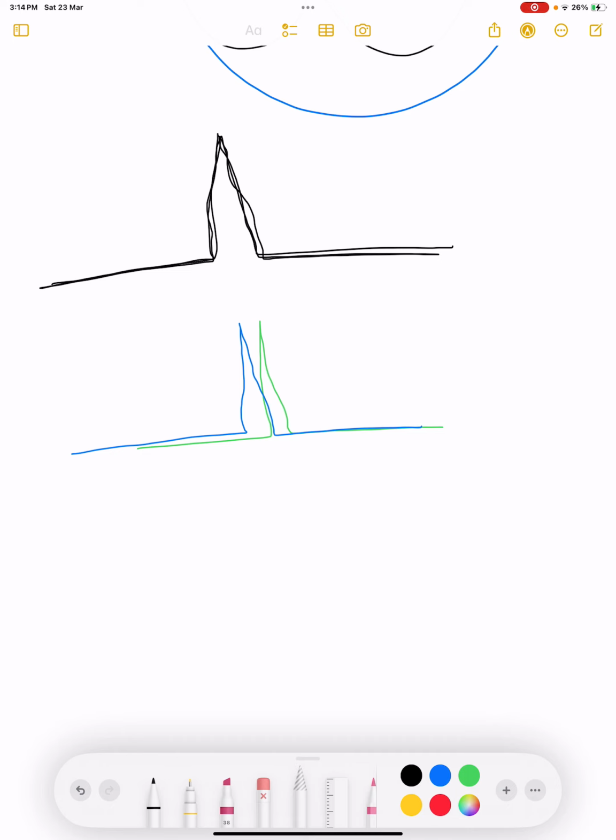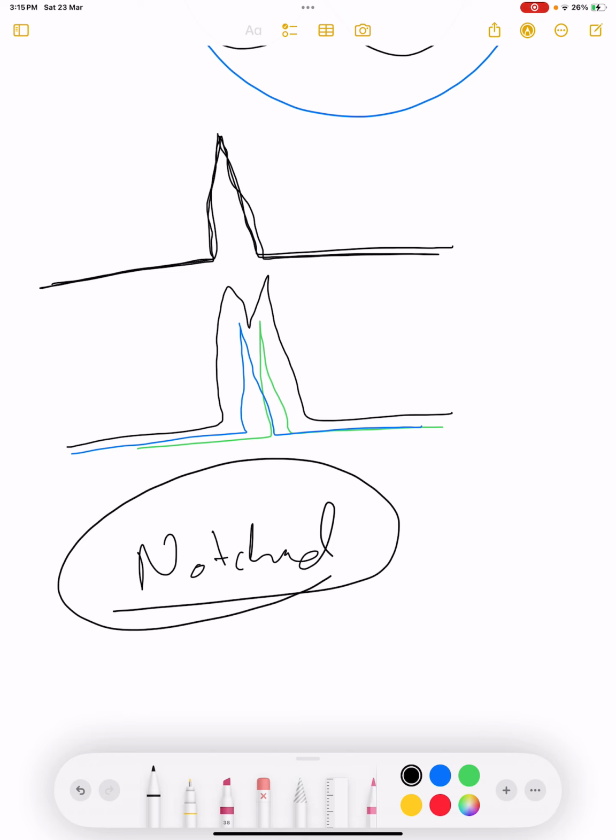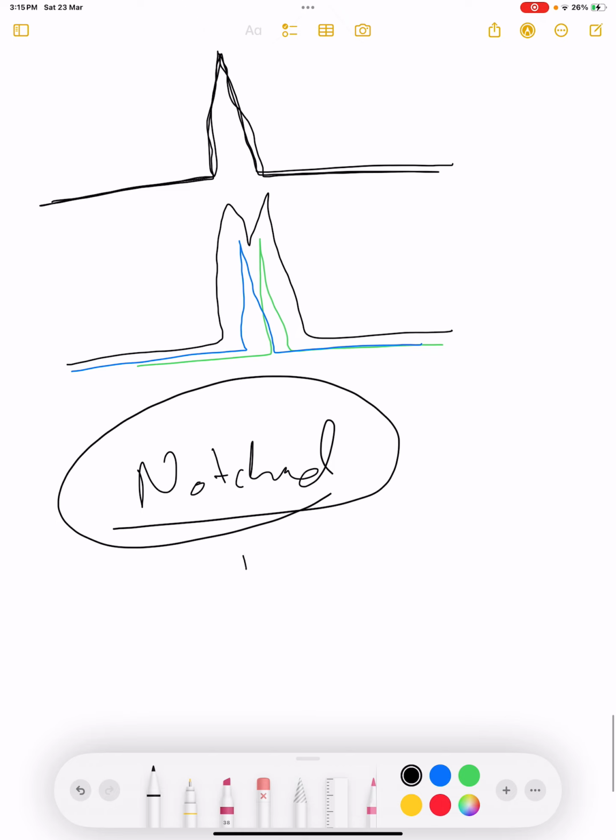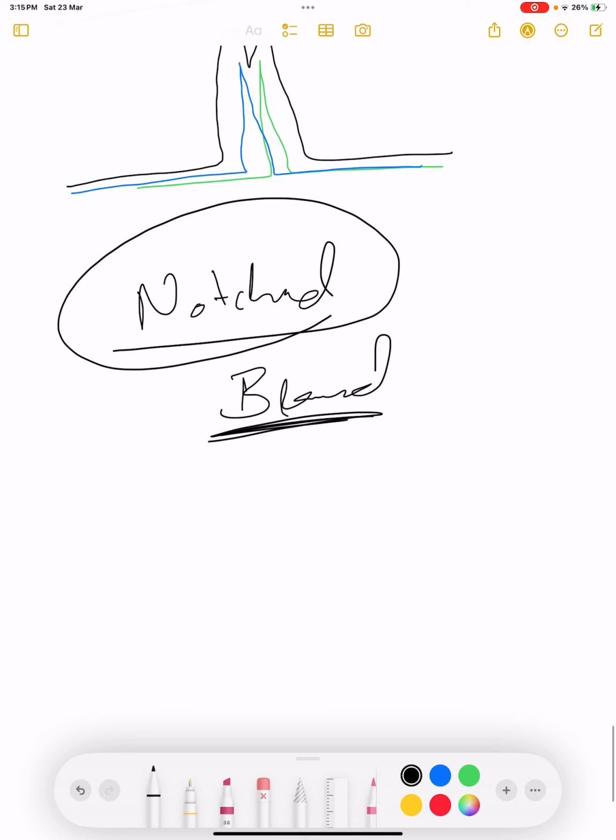If the left is depolarized earlier, what type of QRS complex will we get? Overall it will be like this shape. Similarly, if it is on the other side, again there will be a different shape, and that will be a notched QRS complex, and the notched QRS complex will automatically be a broad QRS complex. What is this condition? This is the condition which we see in bundle branch blocks.